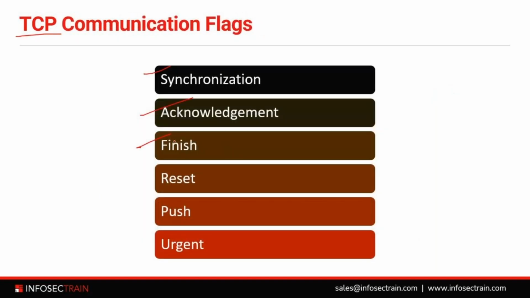Then we have the finish flag. Now the finish flag is used to end a communication, right? Whenever we start our session, like these sessions which are going on, we greet each other, then we start.